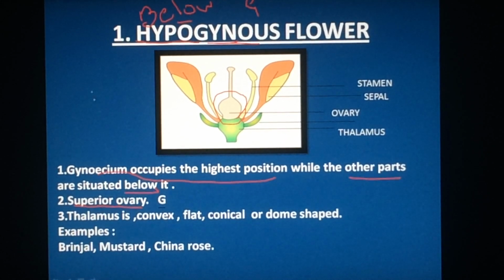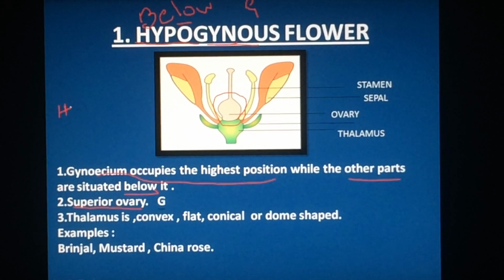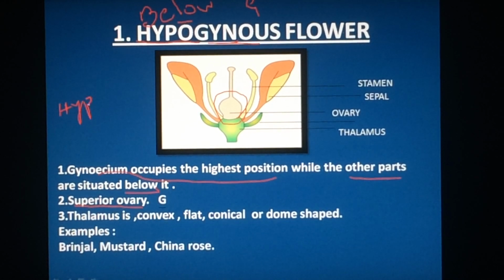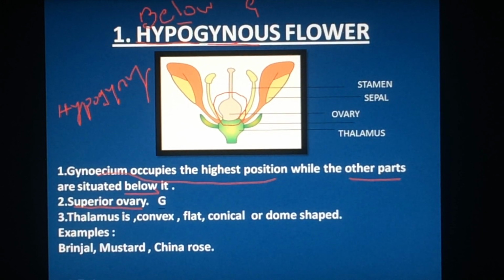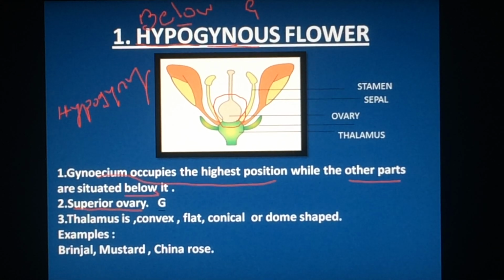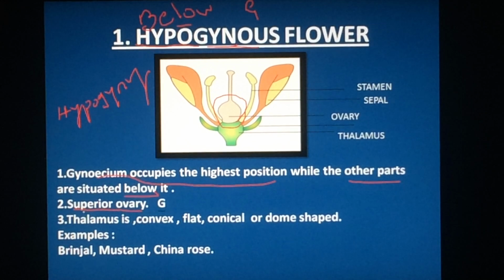This condition is called as hypogyny. Normally, in most of the plants, we will see superior ovary is there.